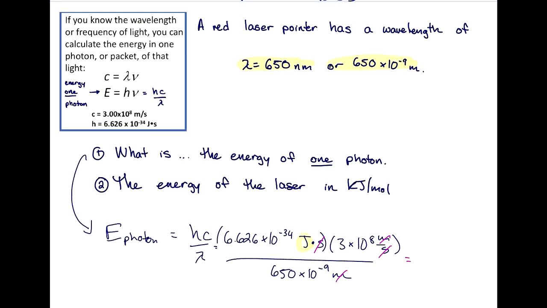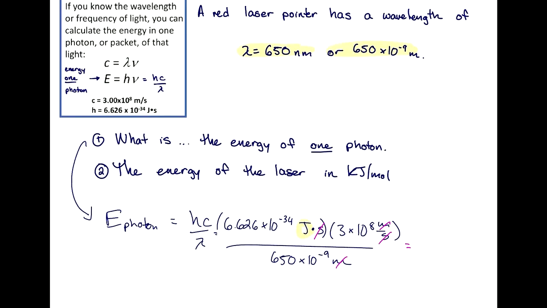Calculating this, I get that the energy of one photon is 3.06 times 10 to the negative 19 joules. That's a really tiny energy.